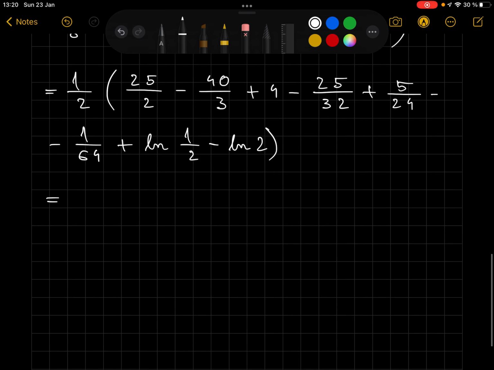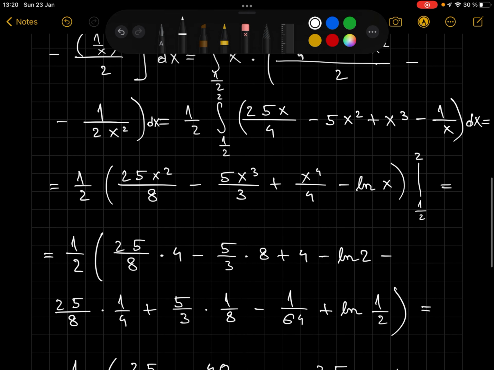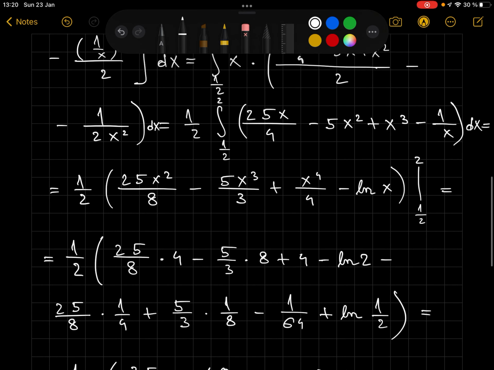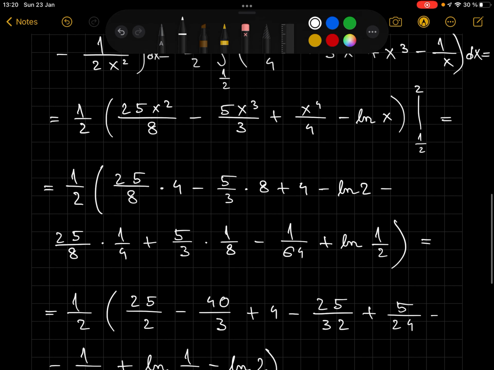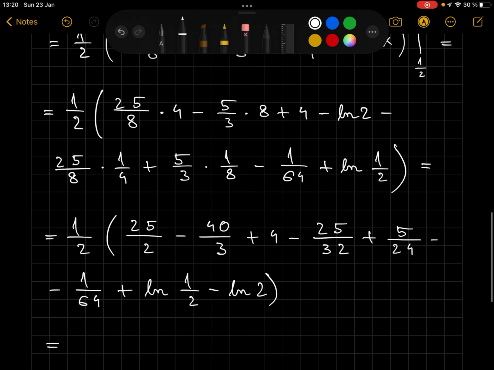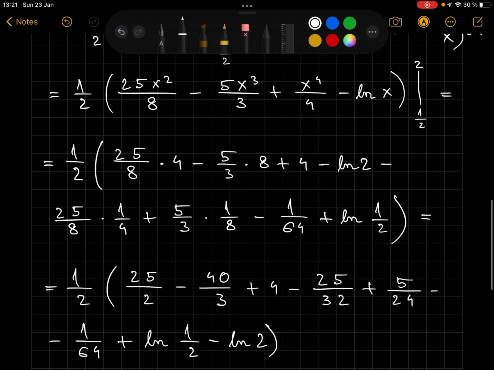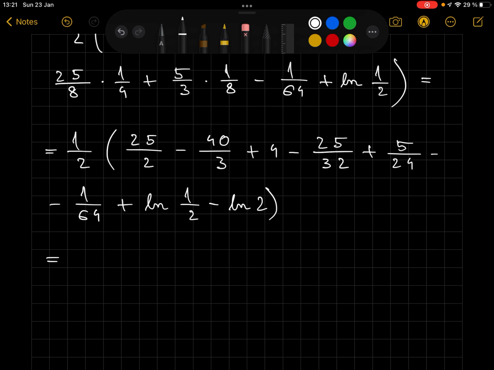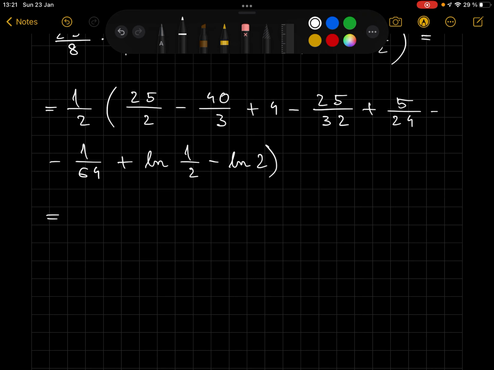Now the common denominator for this part right here, when you compute this further, is going to be 96 times 2, which is 192.